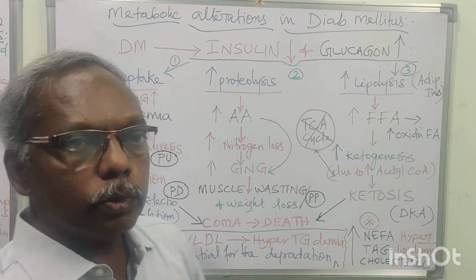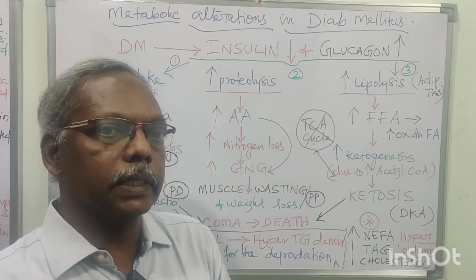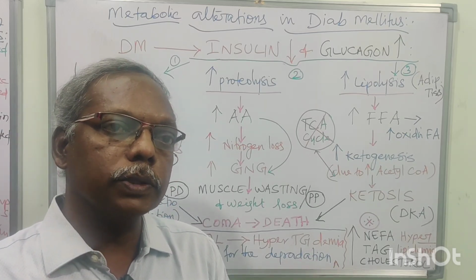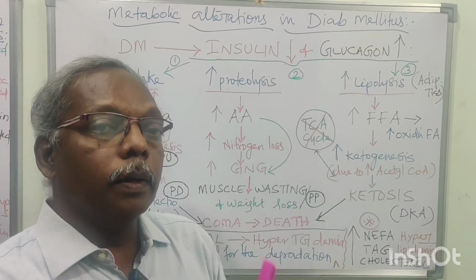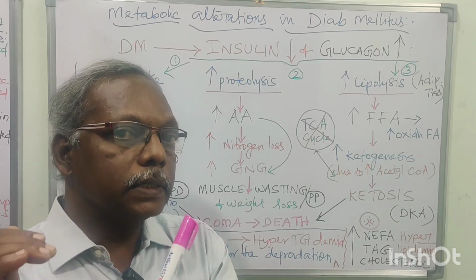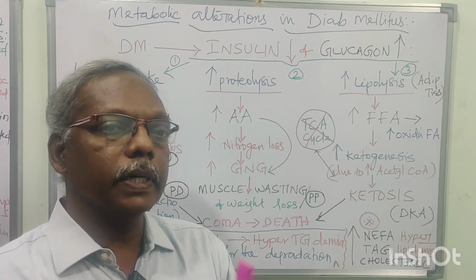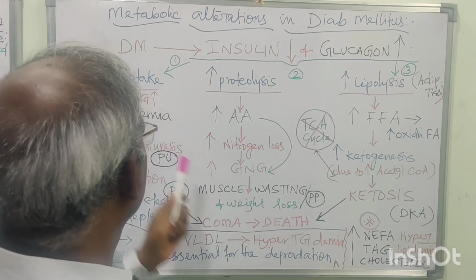This leads to, because glucose is not available properly, glycolysis being inhibited whereas gluconeogenesis is stimulated. This is the first point. Because of the deficient amount of glucose in the cells, glycolysis will be suppressed whereas gluconeogenesis will be stimulated, right?